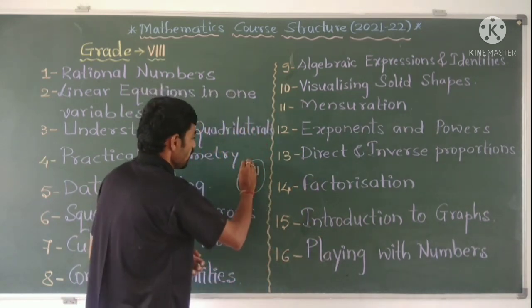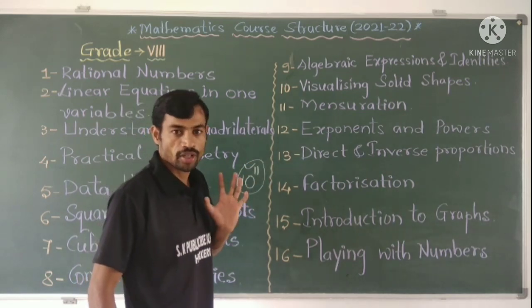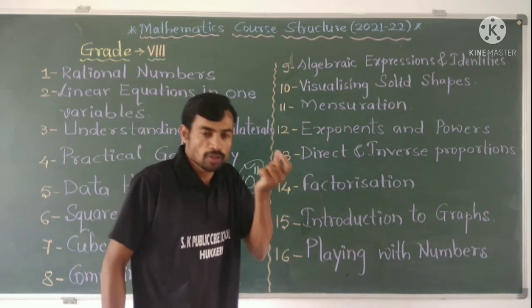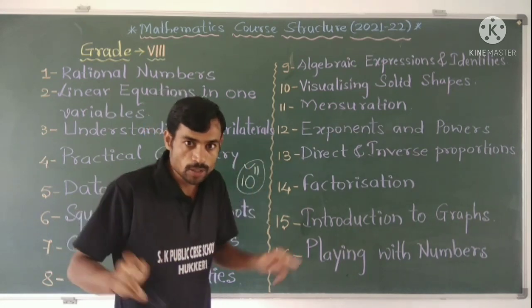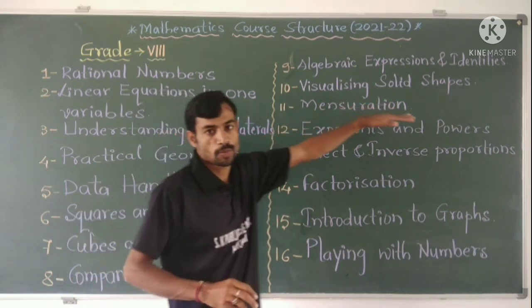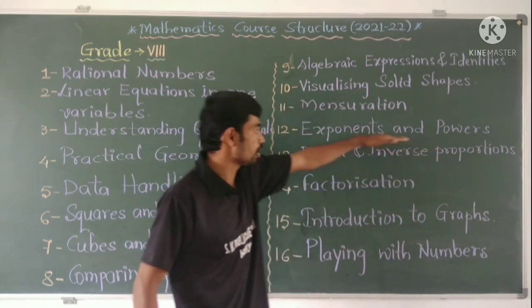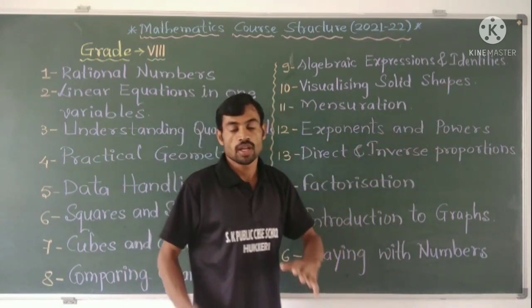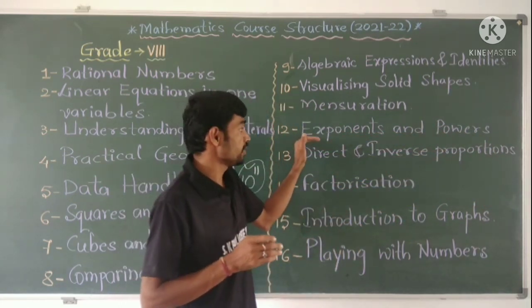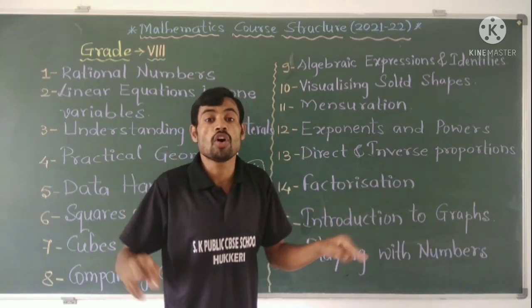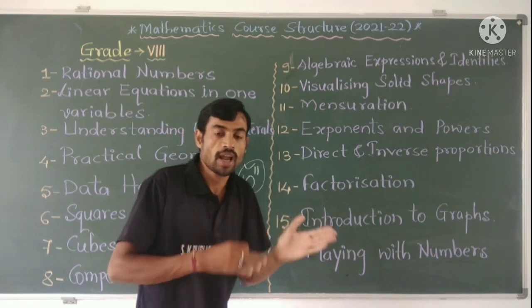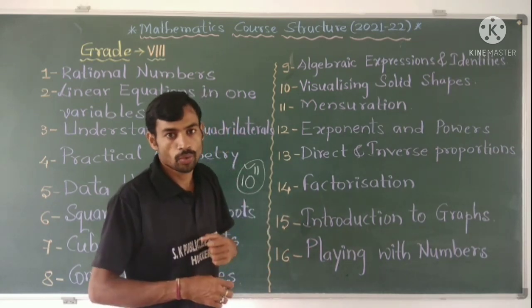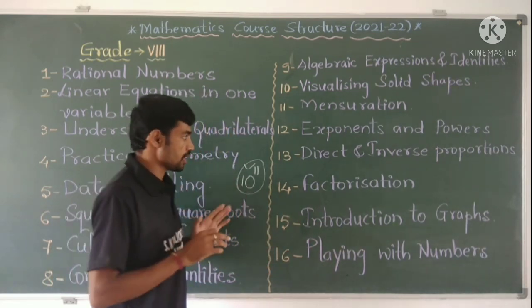So this is the exponential notation. Those big numbers and very small numbers we can express as exponential notation. And also we have to study in this some laws of exponents, and based on that we have to solve some examples.